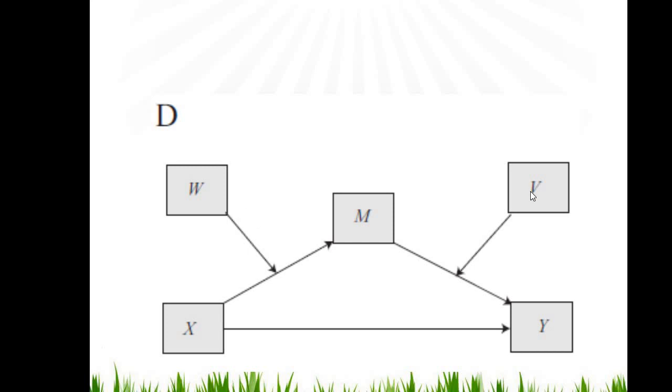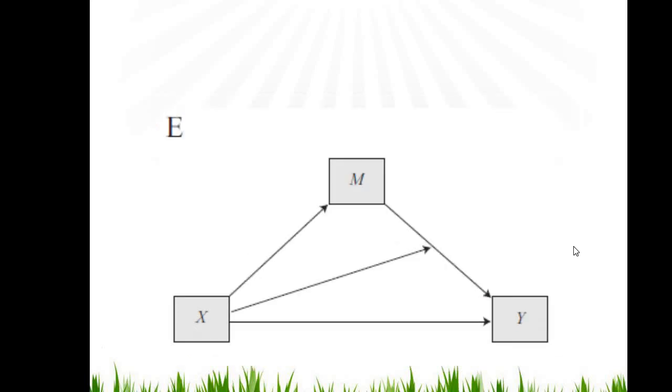One is W and the second one is V. W is affecting the relationship between X and M, whereas V is influencing the relationship between M and Y. The last model is this one, where W is acting as an independent variable as well as a moderator between M and Y. So this is all about the models and the basic concepts related to moderated mediation.